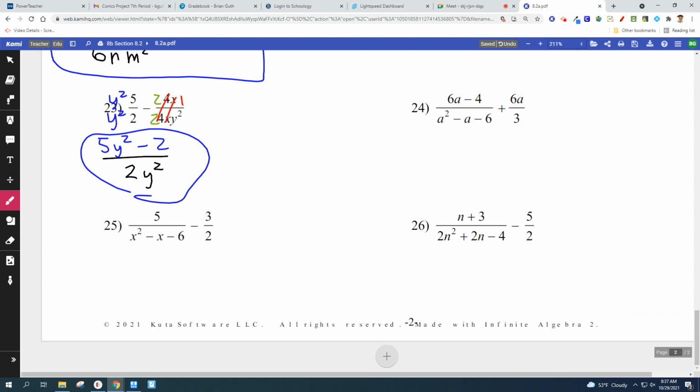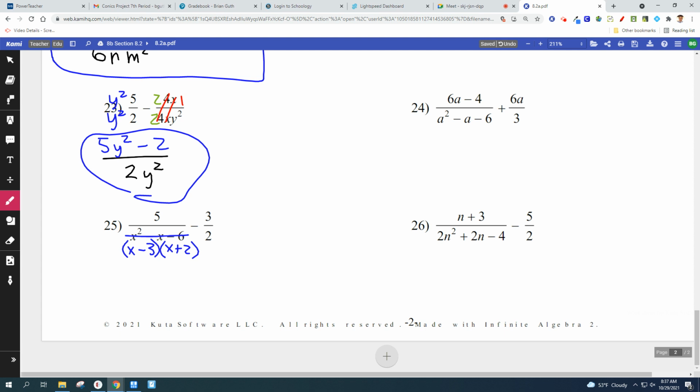Last one, might require you to factor. If you notice, this bottom is x minus 3 and x plus 2. Sometimes it's going to be necessary to factor that because you might not need to give both factors away.